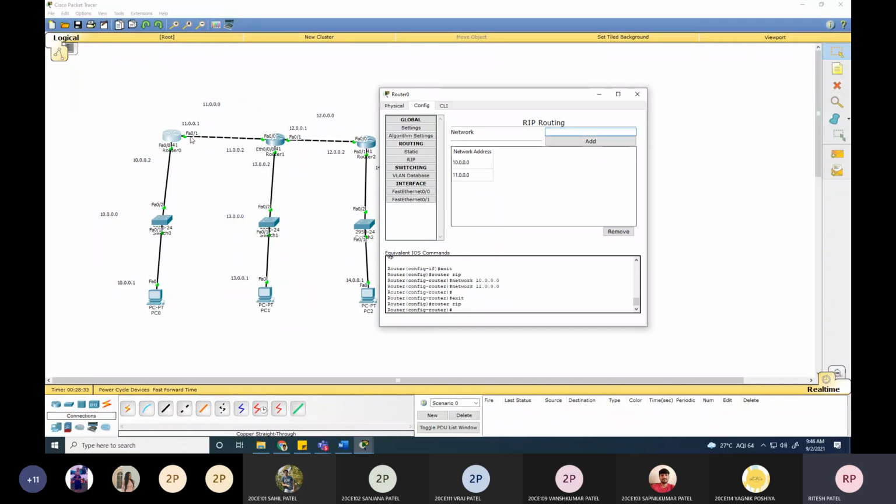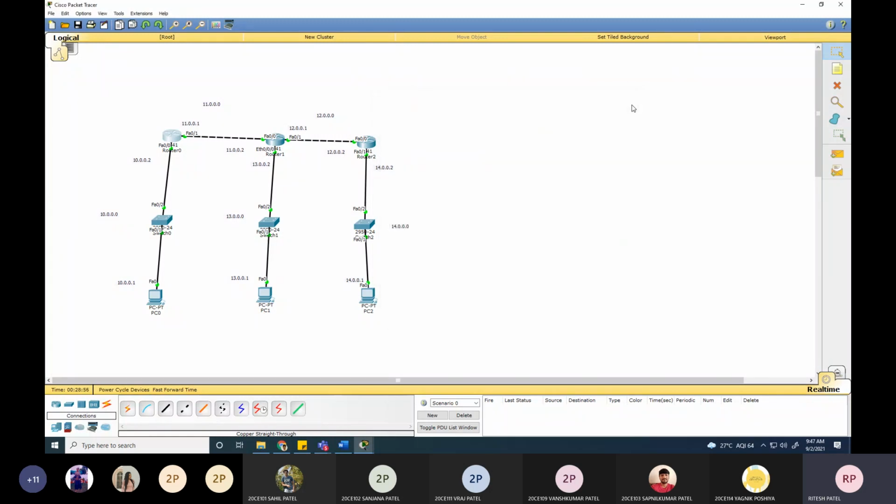This triggers the routers to start exchanging routing tables with each other. Once you add these 10 and 11, it triggers this router to start exchanging routing tables with this network and with this network. Details about how it exchanges routing tables, what kind of decisions it takes, and how it prepares the routing table, we will see in the sixth semester.